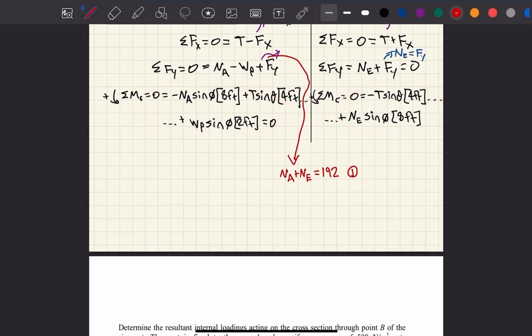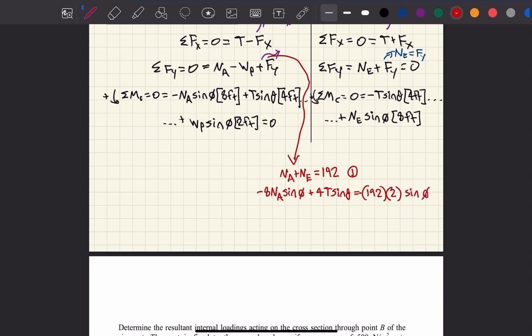Equations 2 and 3 are these other two, very simple stuff, and I'll even write them down. So negative 8 NA sine phi plus 4 T sine theta is equal to, I don't want to do this math in my head, let's just keep it as negative 192 times 2 sine phi.